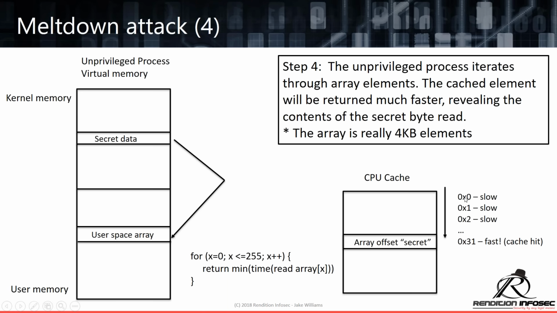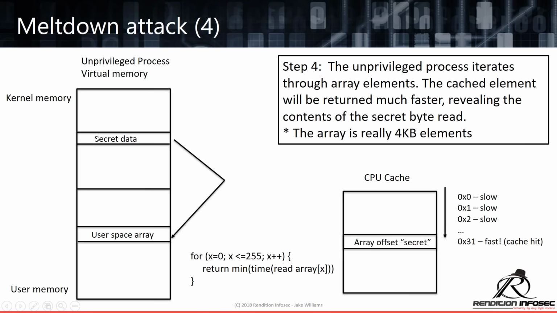So we go 0, 1, 2, 3, 4, slow, slow, slow, slow, and then all of a sudden, bam, hex 31. So hex 31 is fast. That cache hit tells us that that first byte was actually hex 31, and now I'm at a loss to remember what hex 31 is, but you get the idea.